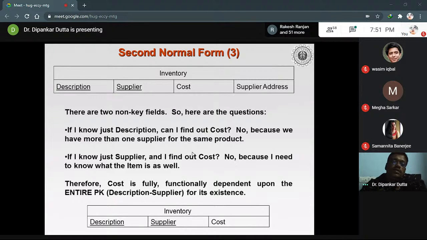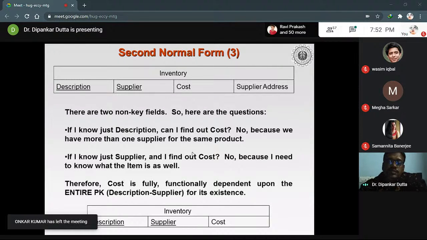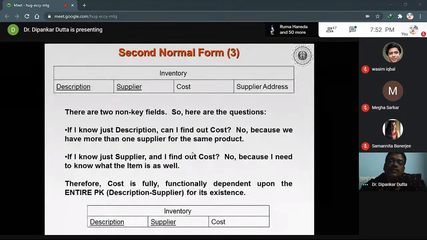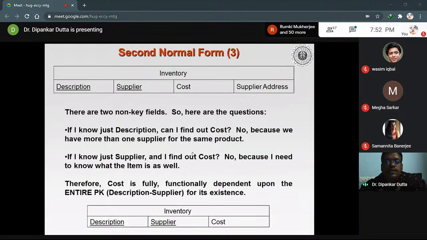Next question is, if I know just supplier, can I find out cost? Again, it is no, because to know the cost, we require the description of the item. So we can say that cost is fully functionally dependent upon the entire primary key, that is description and supplier.